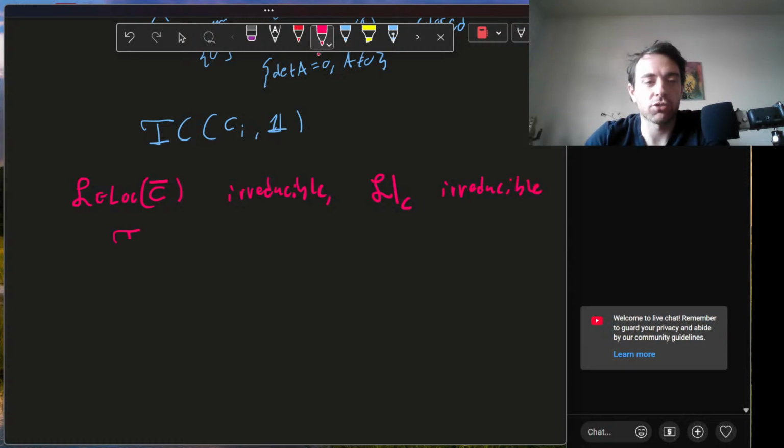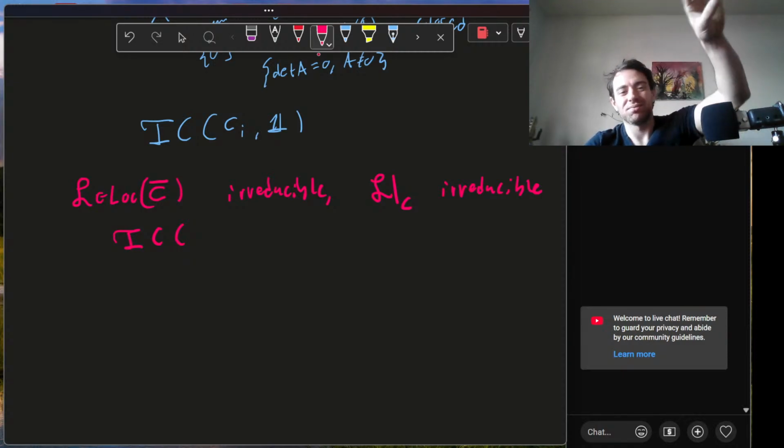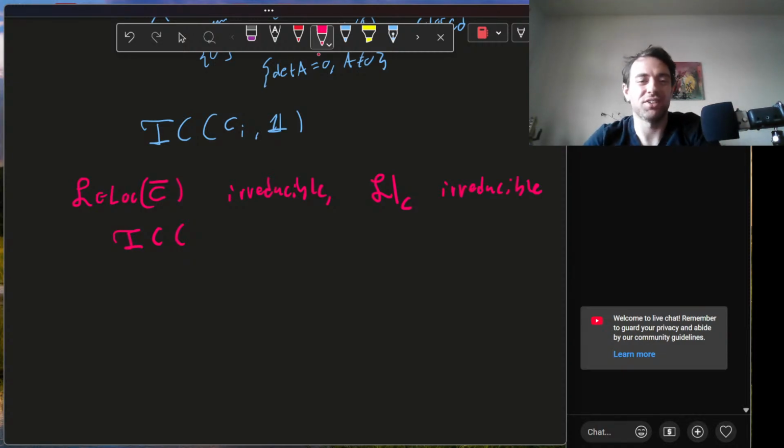Actually, you don't need it to be irreducible to do the computation. That's just another little sprinkle of the conditions that I care about, but it's not actually necessary.